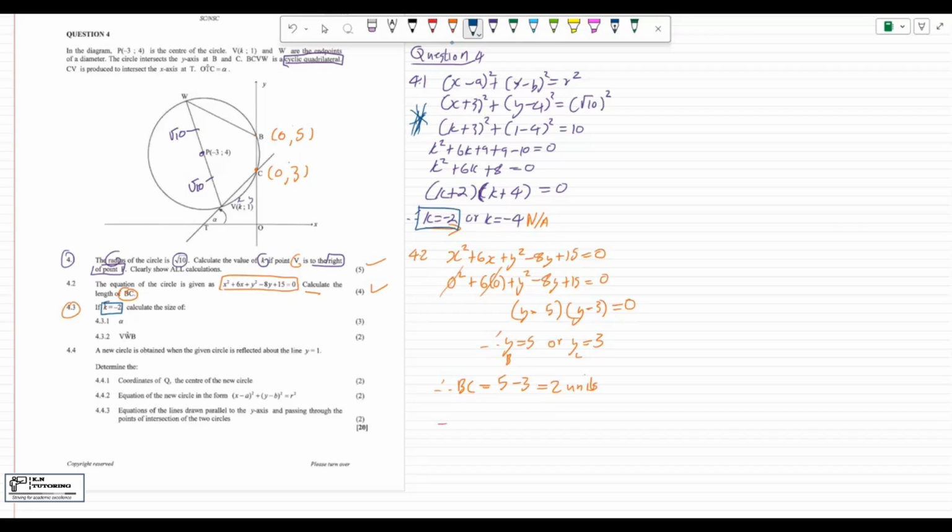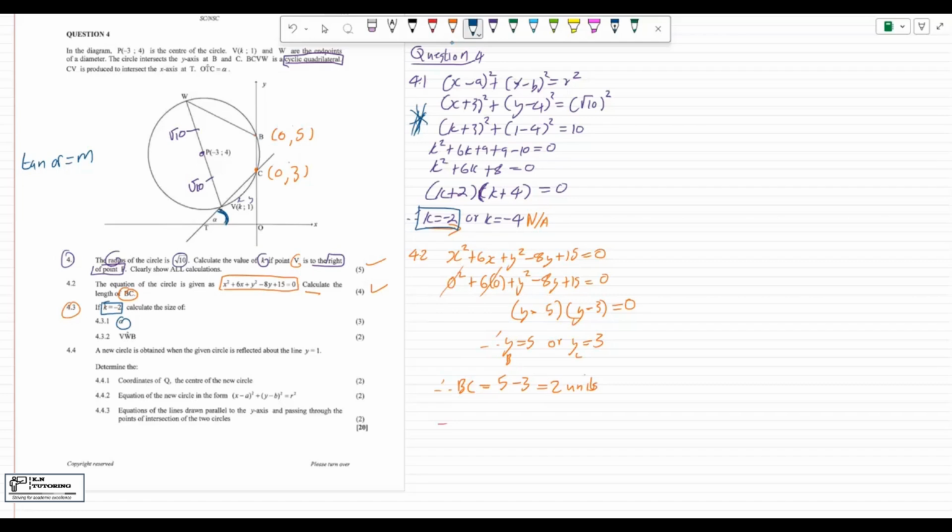If k is minus 2, calculate the size of alpha. Okay, so how is that going to help me? I need to find alpha. I can see alpha is an angle of inclination, so I know with angle of inclination, tan of alpha is going to be the gradient of that line.